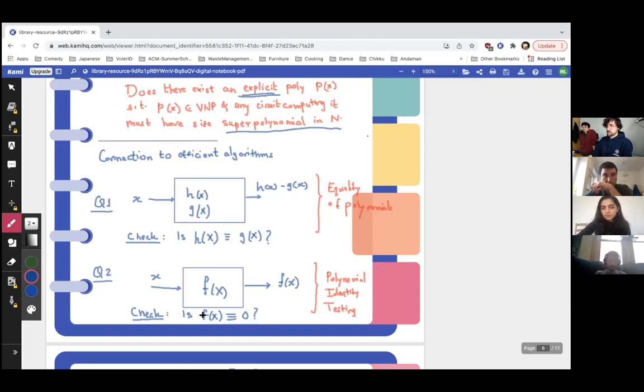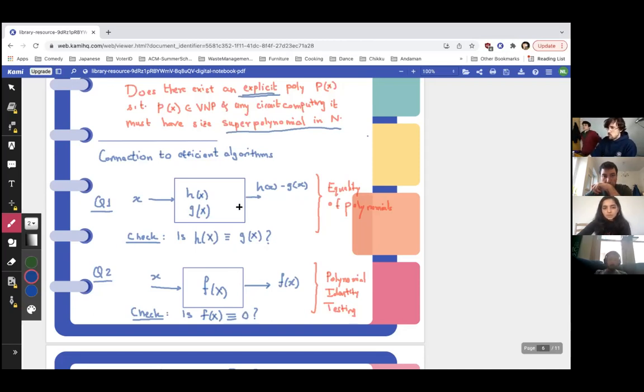A similar question is with just one polynomial. You get, again, black box access to this polynomial. It keeps giving you evaluations of this polynomial as the output, and you want to check whether the polynomial is identically the 0 polynomial or not.